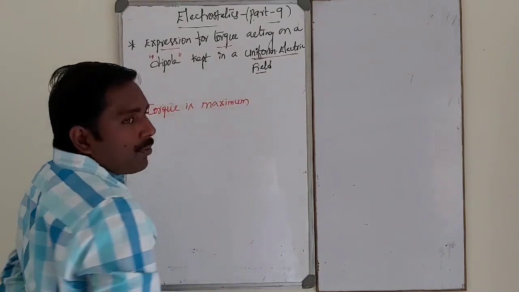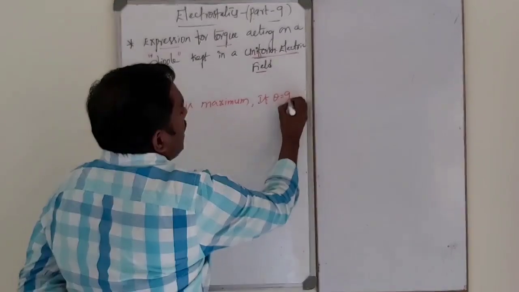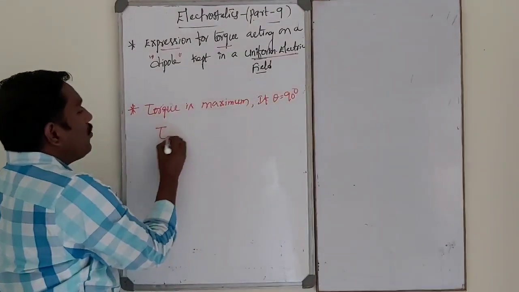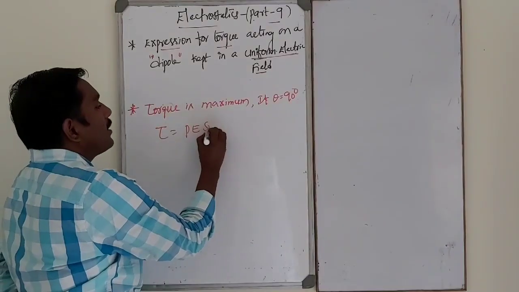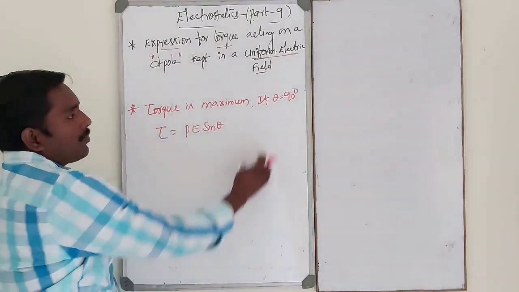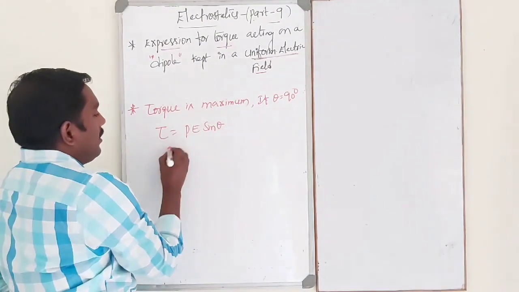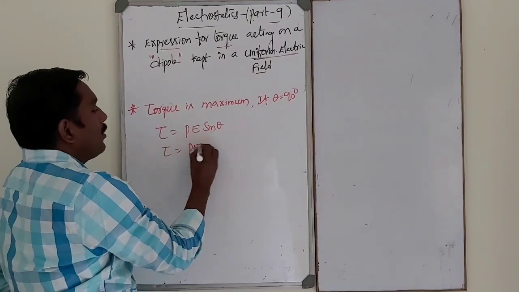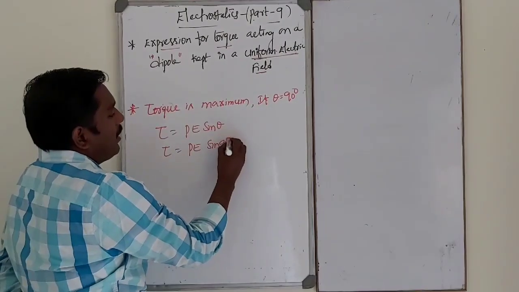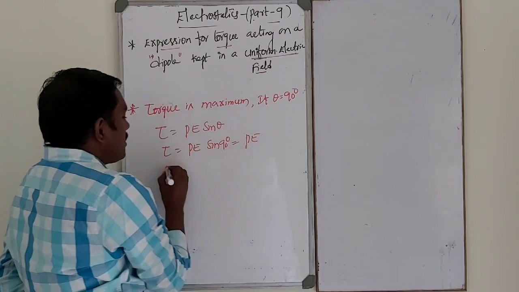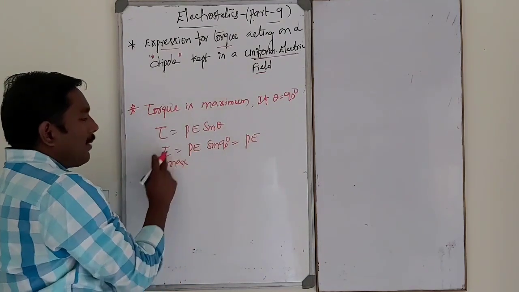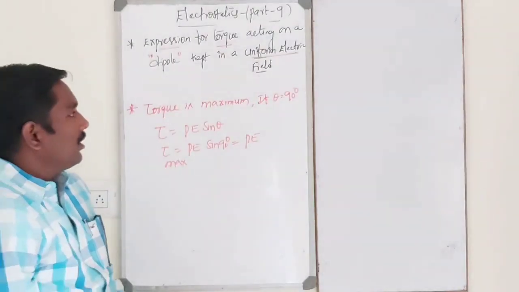At what position of the dipole is the torque maximum, or at what angle is the torque maximum? Torque is maximum if theta is equal to 90 degrees, because tau is equal to P sin theta. Substituting theta equal to 90 degrees, tau is equal to P sin 90 degrees, that is equal to P. This is the maximum value of torque.